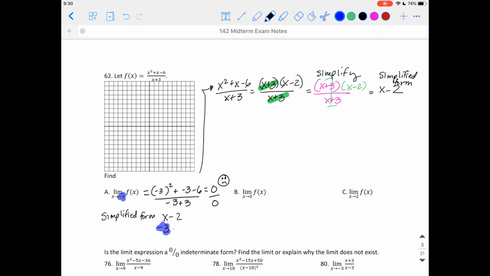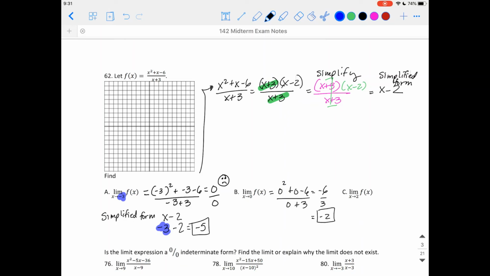So negative 3 minus 2, my answer to this limit is negative 5. The limit of f of x as x approaches 0: 0 squared plus 0 minus 6 is negative 6. And 0 plus 3 is 3. And negative 6 divided by 3 is negative 2. That's the answer to that one.